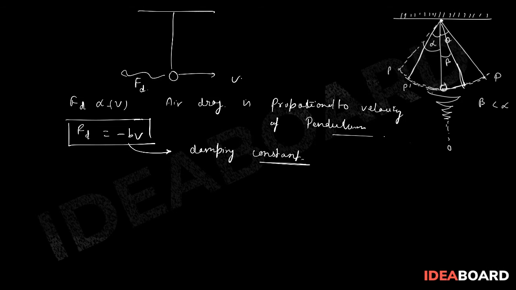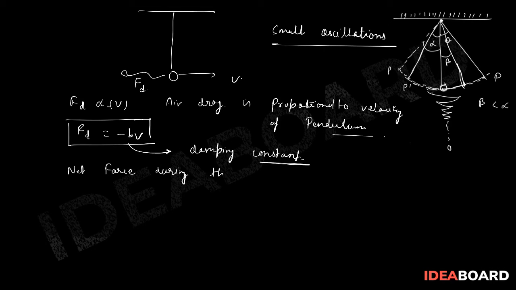Whatever I am writing, again I am writing for small oscillations. So here I can write the net force during the motion: F net is equal to Fd plus F.